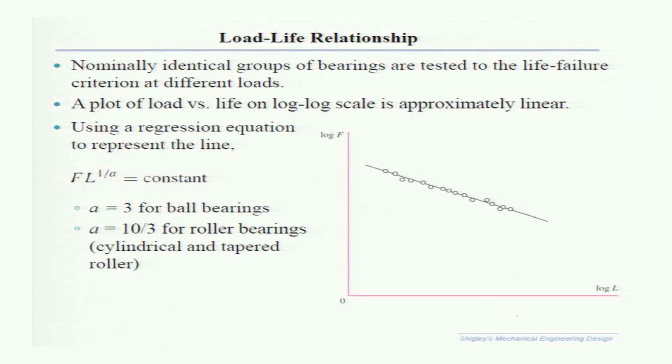In our previous class, we studied the load relationship of rolling element bearings, and we found that log of the load which acts on it and log of the life have a linear relationship, and thus we got an equation F multiplied by L to the power 1 by a is equal to constant, where a is 3 for ball bearings and a is 10 by 3 for roller bearings, cylindrical and tapered.